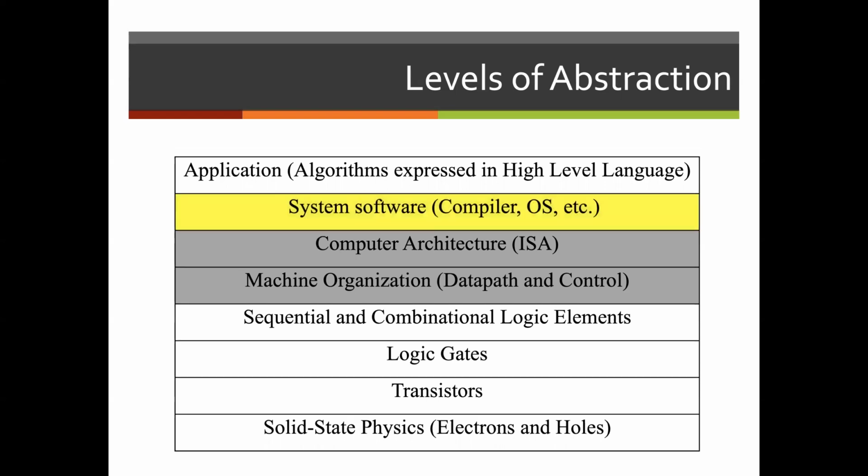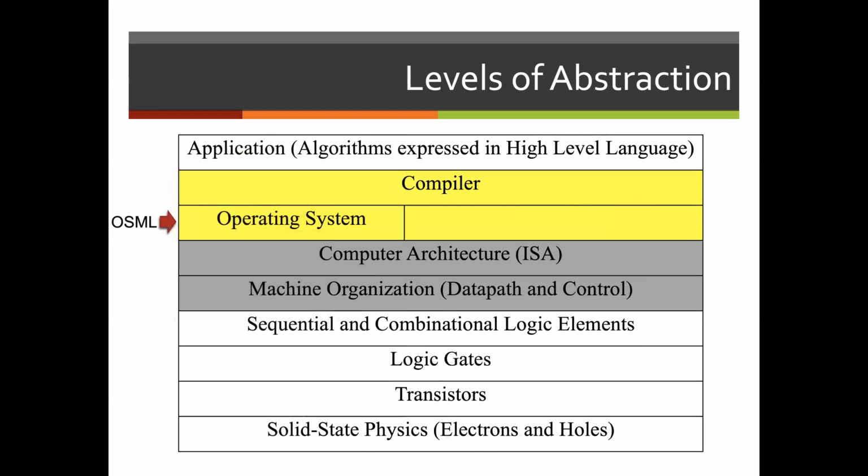And so now we'll be able to take a look in more detail at system software and how it interacts with the ISA. Specifically, we want to provide an understanding of how the compiler and the operating system have to work together.